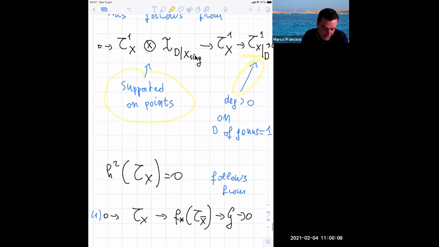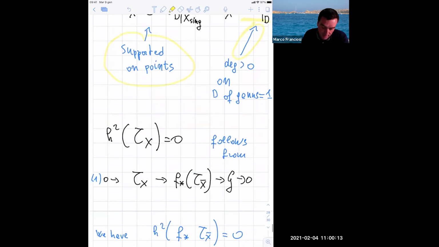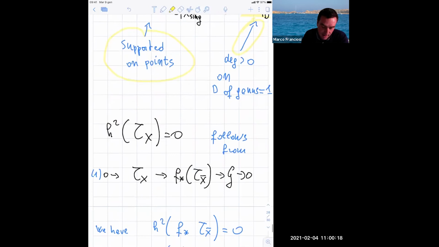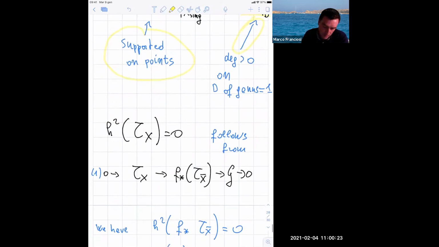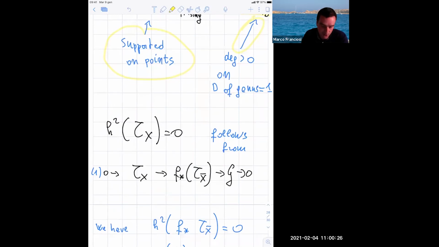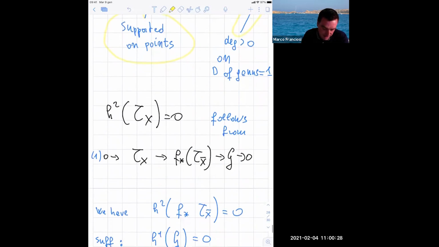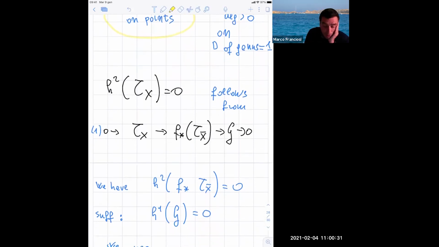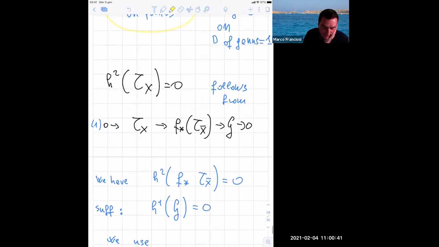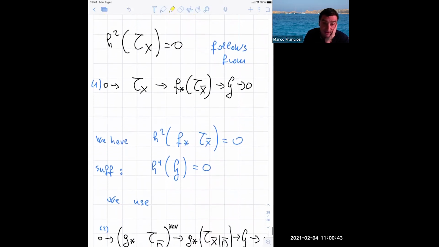And to prove that H2 of T of X equals 0 follows from, first of all, our exact sequence with the definition of G. And we have that H2 of F lower star of T X bar is equal to 0 since it is 0 on X bar. So it is sufficient to prove that H1 of G is equal to 0.